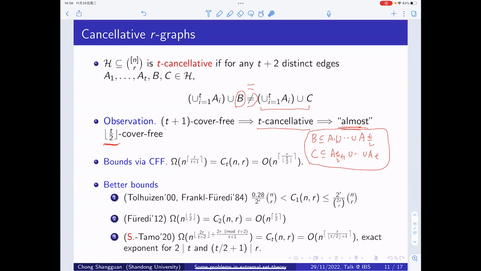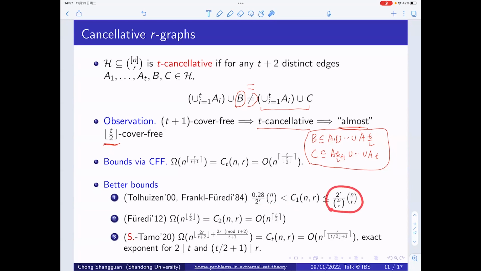But you can see that the exponents of n in the upper and lower bounds are far from tight. People are able to obtain better bounds for some sets of parameters. First of all, for t equals 1, people have a pretty good bound on C_1(n,r). The lower bound here is obtained by Tolhuizen. He applied some method from linear algebra to construct 1-cancellative r-graphs.